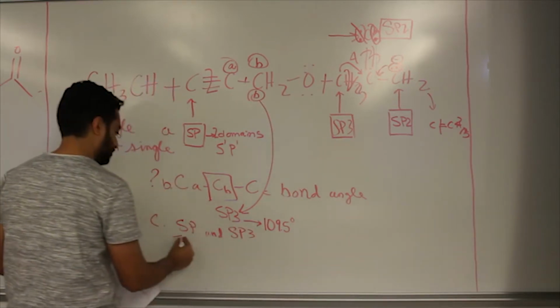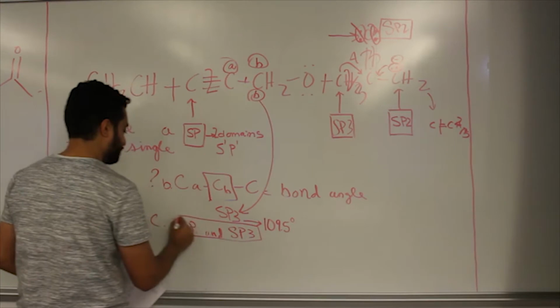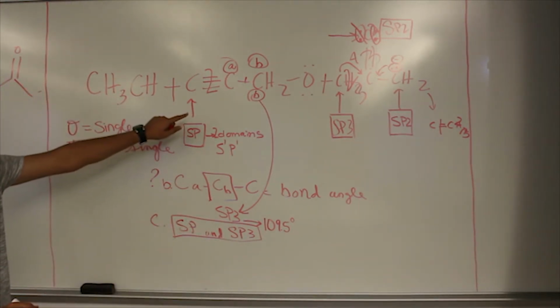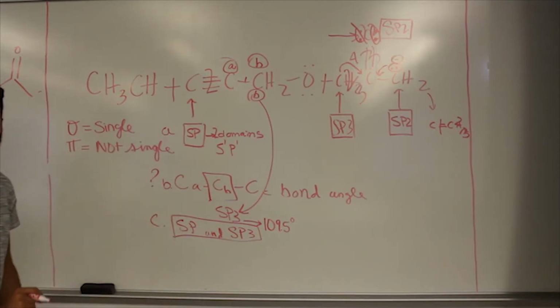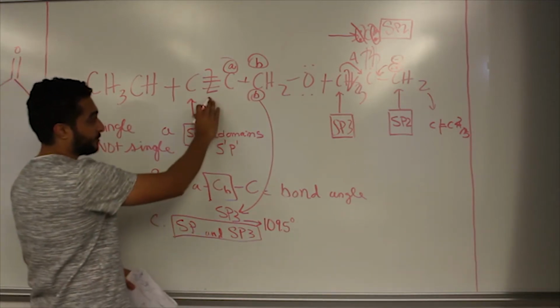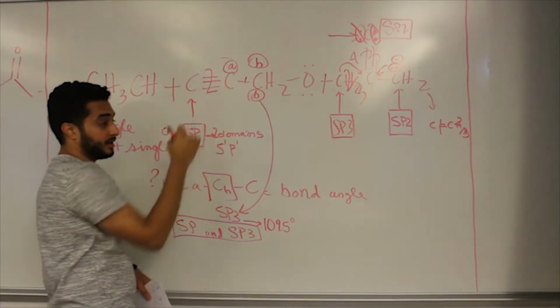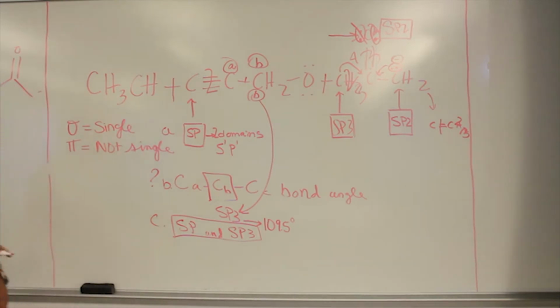There you go. Wait, sorry, can you do that one more time? No problem. So Ca, how many domains does Ca have? 2. Yeah, because the triple bond counts as 1, and the single bond counts as another one. And sp has 2 domains.